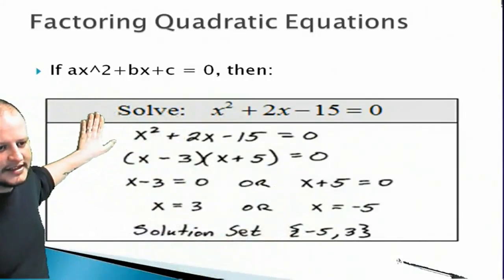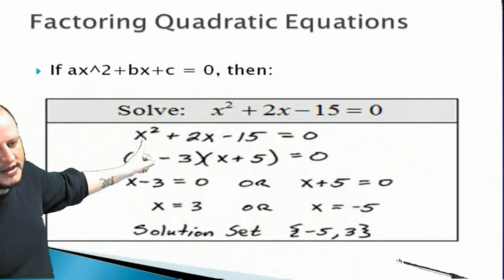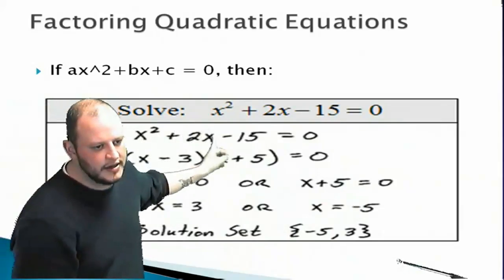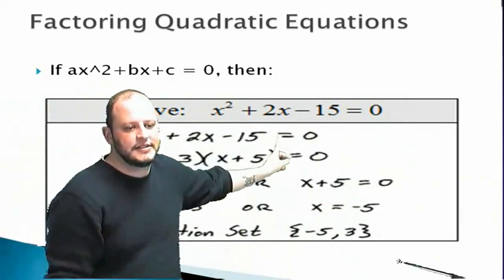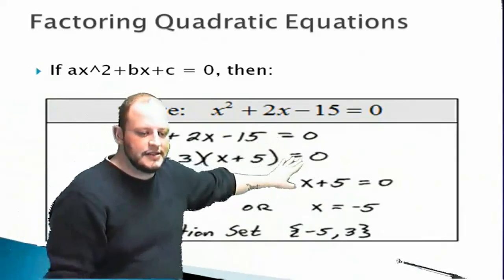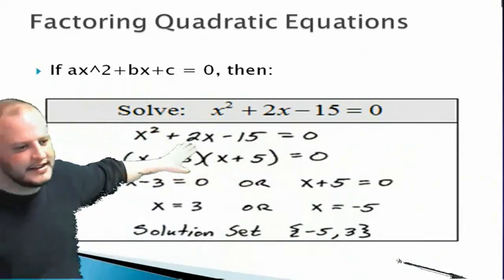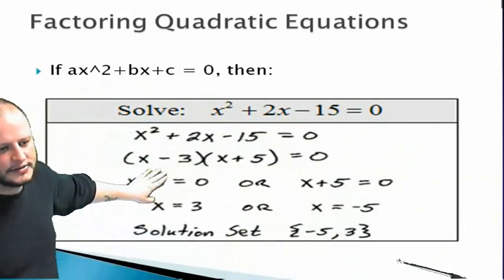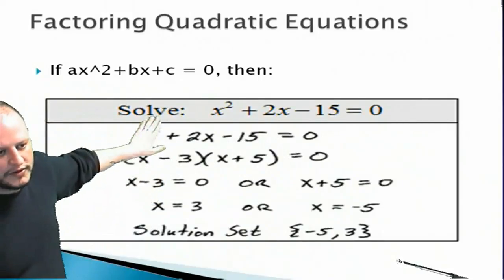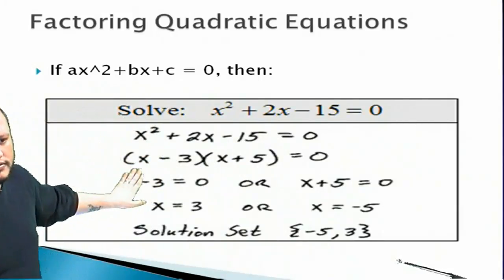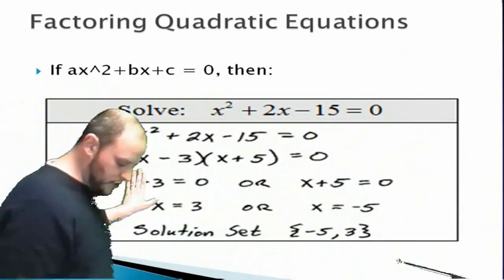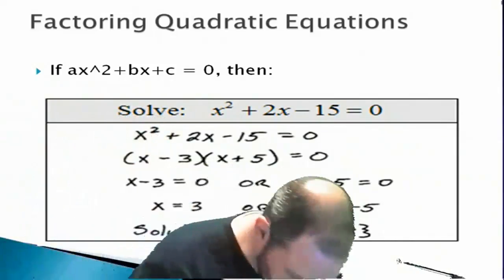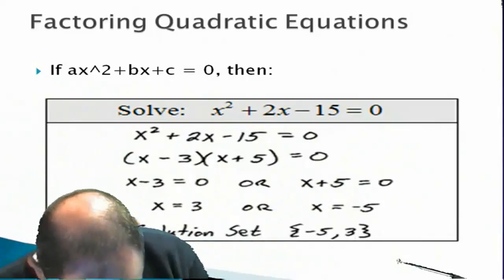Anytime you see x squared plus some other x term plus some constant, and it's set equal to 0, or even if it's not set equal to 0, you can factor it. So this part right here moves up to this part, and this part over here translates down to this part. I will show you what I'm talking about in a moment.